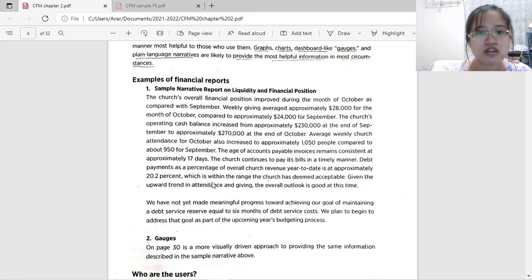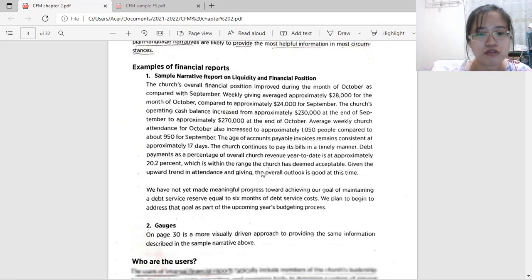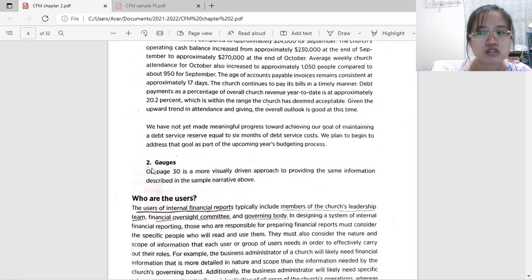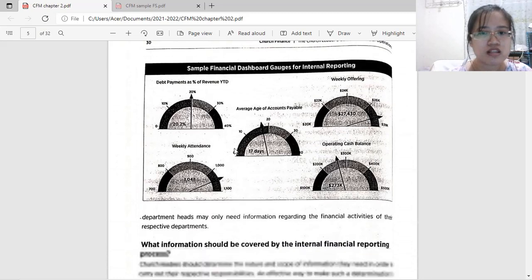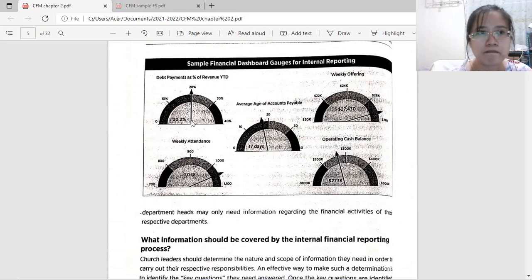So this one is a narrative. An example is here. So in a way, you can easily understand if it is in this narrative format. And then you have gauges or something like pictographs, charts, or pie graphs. If you consider the different types of learners, some learners are textual.